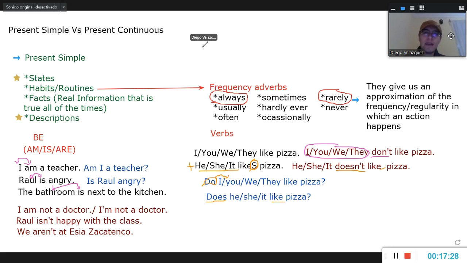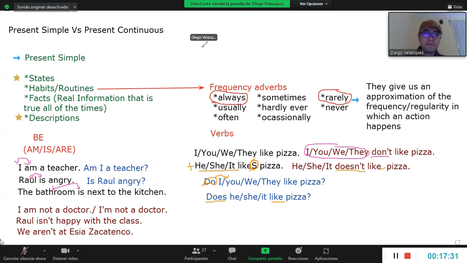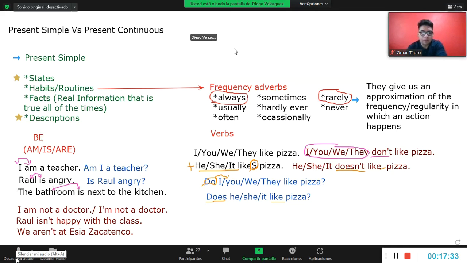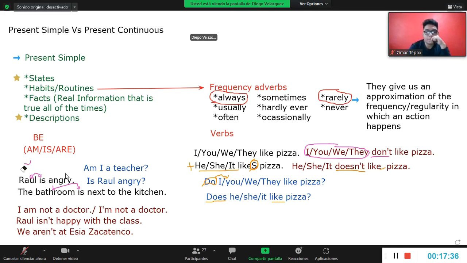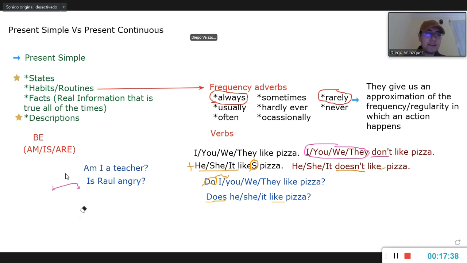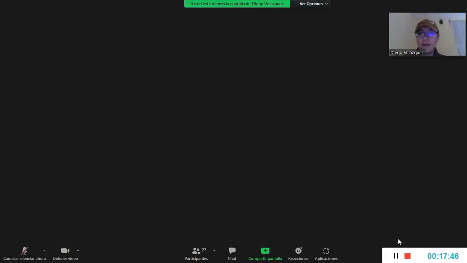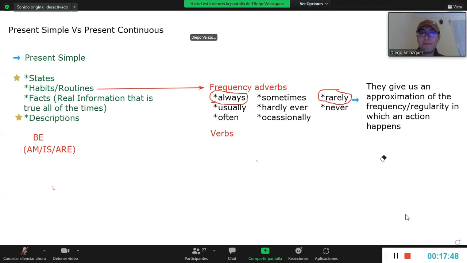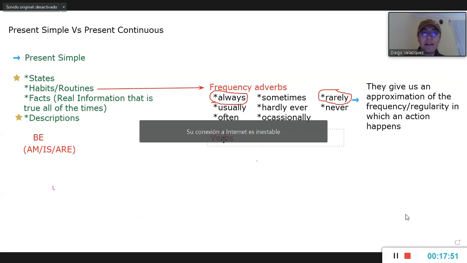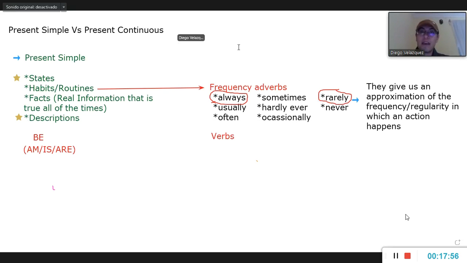Okay. Any questions in here for the moment? No, teacher. Now, a lot of attention in here, guys. Don't forget that we can use frequency adverbs with sentences with the verb to be or with the rest of the verbs.